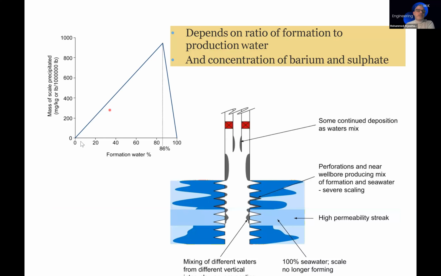So this kind of investigation tells us exactly what the percentage is, where the scale is precipitated and when it is deposited. If it's in highly permeable streaks, that causes losing a large amount of production from that reservoir, that formation, that perforation.